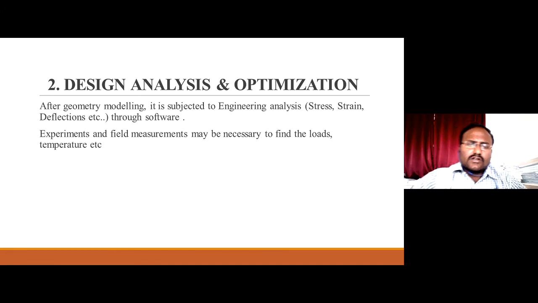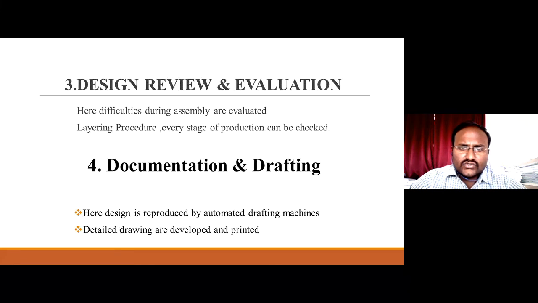In design analysis, especially for optimization, after creating the geometrical model, it is subjected to engineering analysis like stress, strain, deformation, and impact. With the help of software, we can easily analyze. Based on the software results, we can optimize the issues.